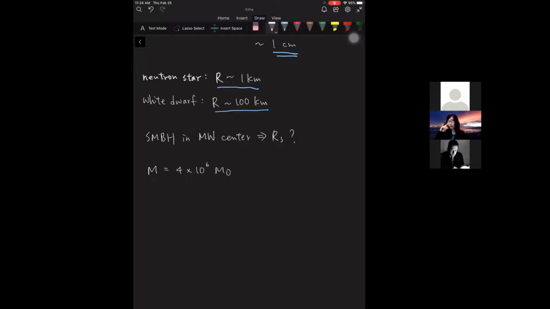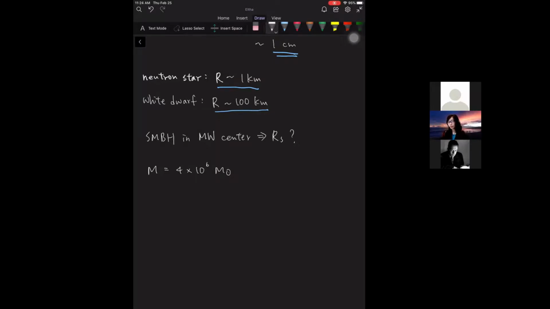This is determined from the stellar objects very close to the center, around Sagittarius A star, by calculating the kinematics of those very close stellar objects and observing the change of their orbits.